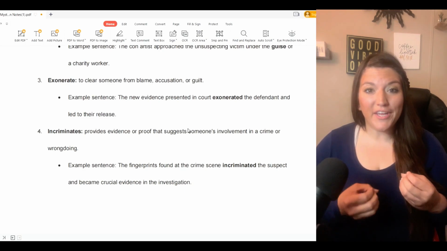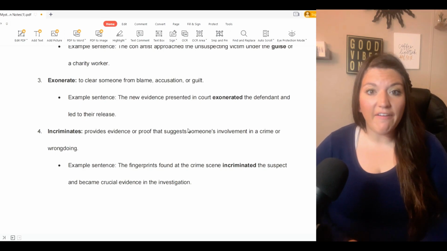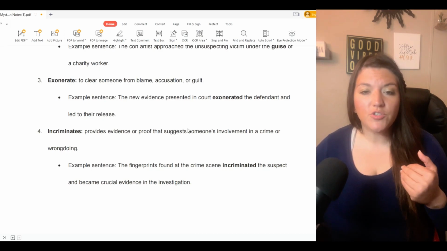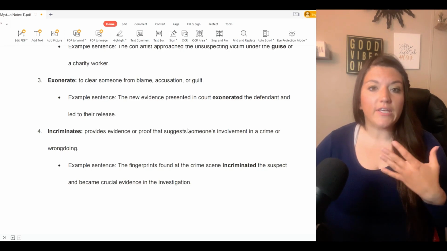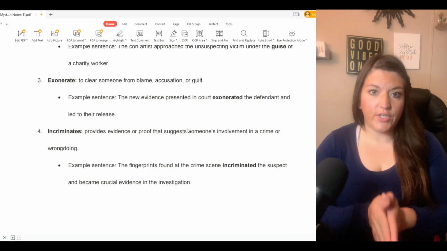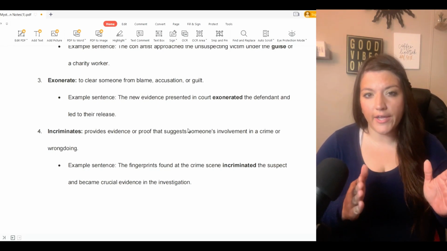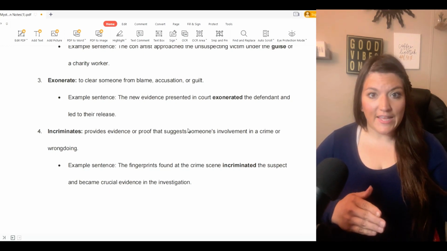So when you're working through this lesson, you have your 4 suspects and you have to figure out who is the guilty party, right? So you have to figure out who is guilty, the guilty suspect or the guilty party, the guilty person. If you don't think that they're guilty, or there is something in the story that tells you that they're not guilty or makes you feel that they're not guilty, this exonerates them, right?